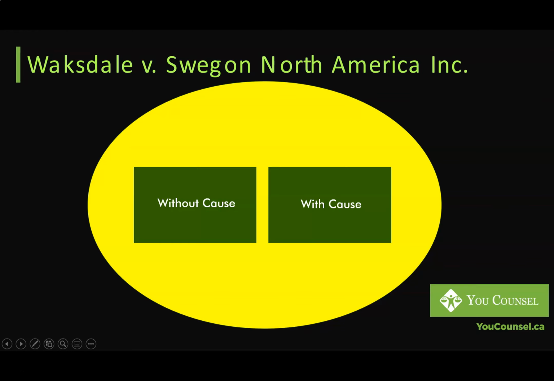At the first instance, at the Superior Court of Justice level, they were successful, but Mr. Waksdale appealed all the way to the Ontario Court of Appeal, and the Court of Appeal agreed with him. They basically said, no, this is all one big termination clause, and because the with cause termination clause is unenforceable, the entirety of the termination clause is unenforceable, and so the common law termination rights would apply.